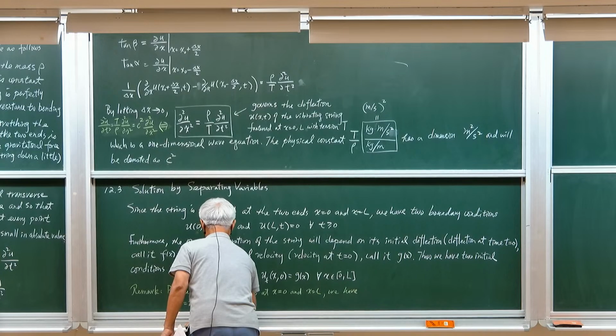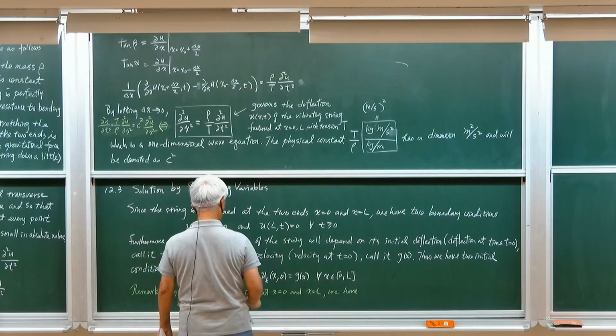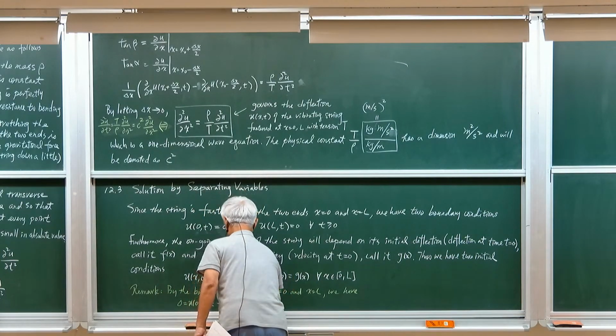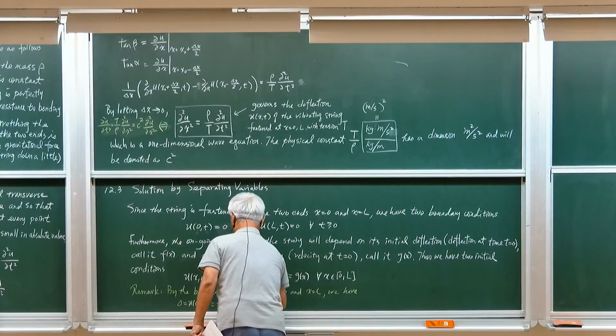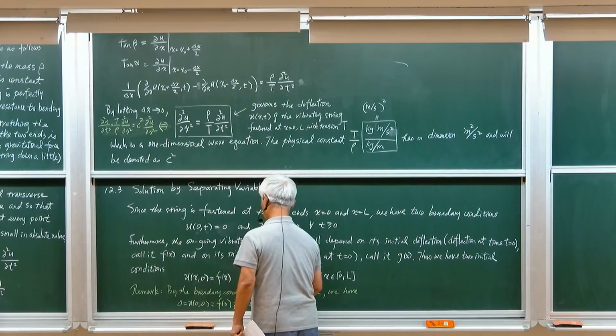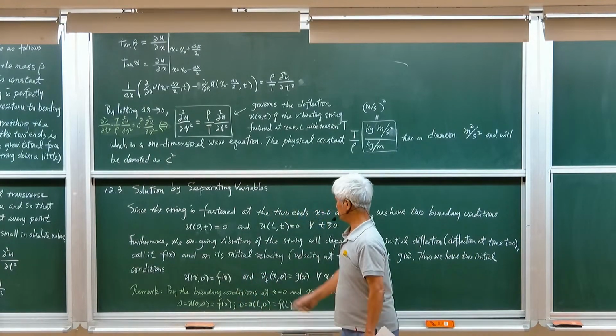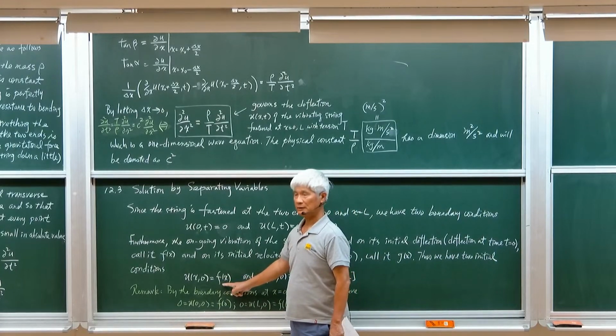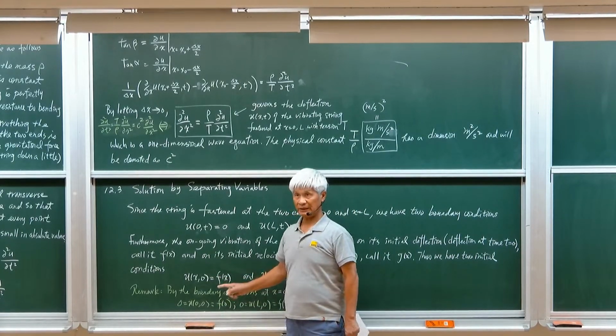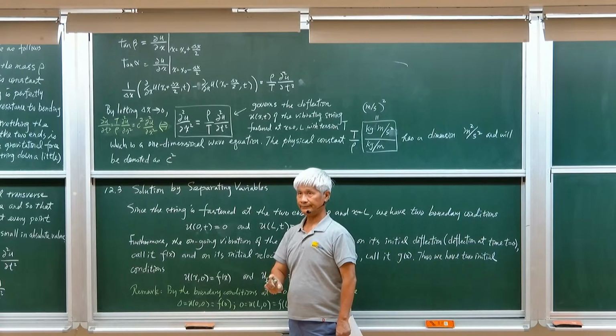It's f(0). And u(0) equals u(L, 0), and this is f(L). So the initial deflection f(x) should be 0 at both ends.